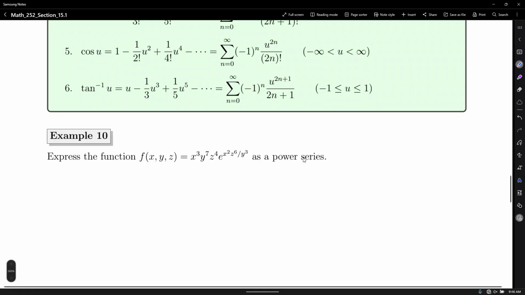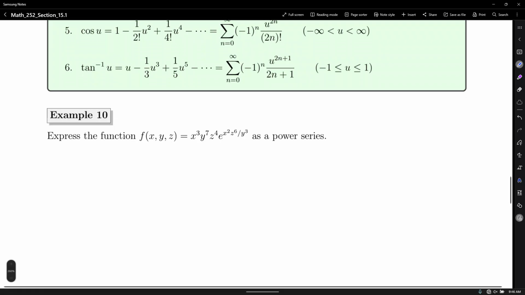And it's not just e to the u, it's e to the something. So f of x, y, z equals x cubed, y to the 7th, z to the 4th, e to the u, where u equals x squared, z to the 6, over y cubed.